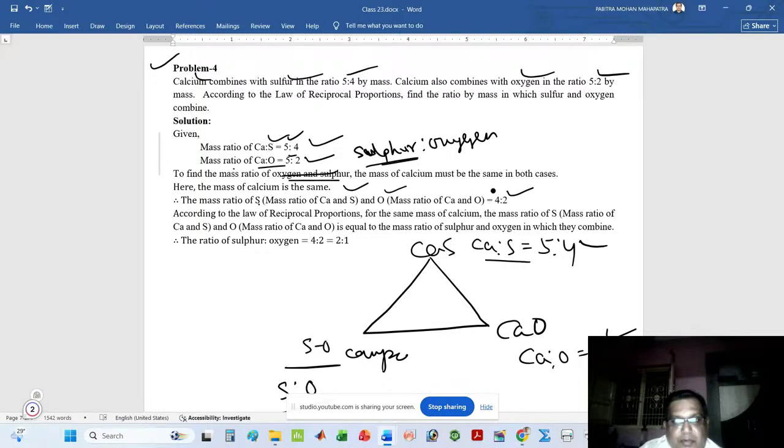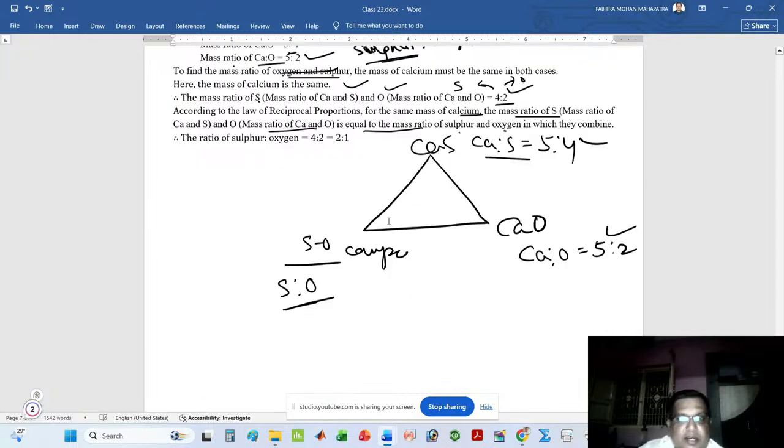Here 4 represents sulfur, 2 represents oxygen. So the ratio is 4:2. According to the law of reciprocal proportion, for the same mass of calcium, the mass ratio of sulfur that belongs to the mass ratio of calcium and sulfur, and oxygen that belongs to the mass ratio of calcium and oxygen is equal to the mass ratio of sulfur and oxygen in which they combine.